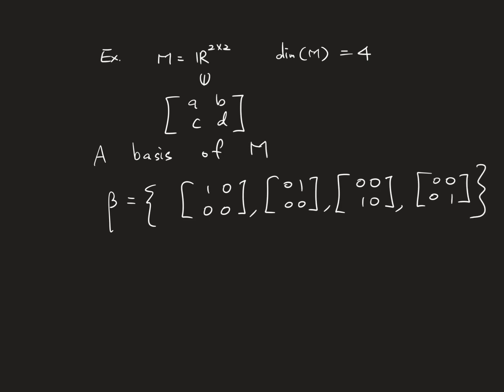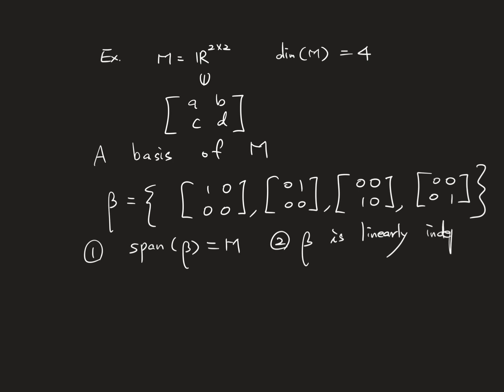And maybe we need to prove that this is a basis of M, and we need to prove two things: whether the span of beta is equal to M, and we need to check that beta is linearly independent. Then the proof is done.